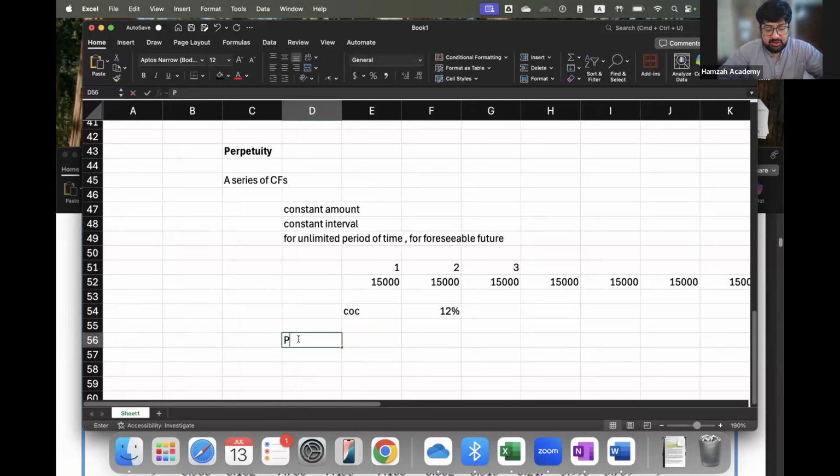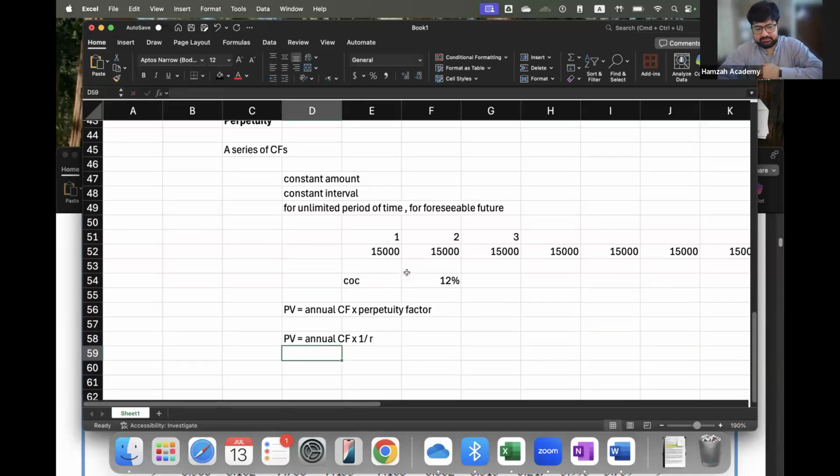Now present value of perpetuity is equal to annual cash flow into perpetuity factor. What is perpetuity factor? That is 1 over R. So present value is equal to annual cash flow into 1 over discount rate.